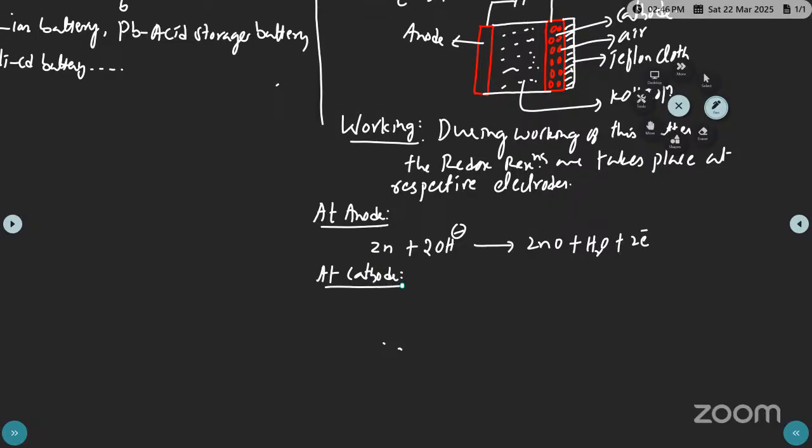At cathode, oxygen involves in the reduction reaction in the presence of water. It gains electrons and produces 2 OH minus ions.